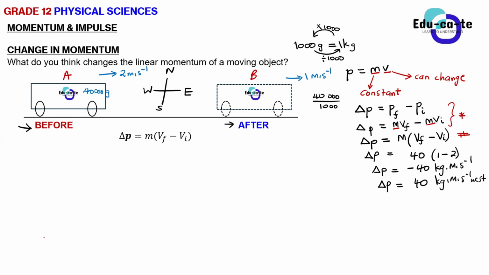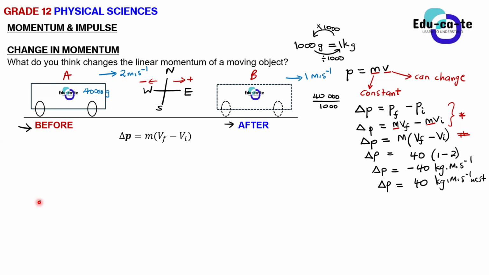All right. So remember, we have taken our east to be a positive direction, right? And our west to be a negative direction. And we said that linear momentum is a vector quantity. So it also means that the change in momentum is also a vector quantity. But now comes the difference.